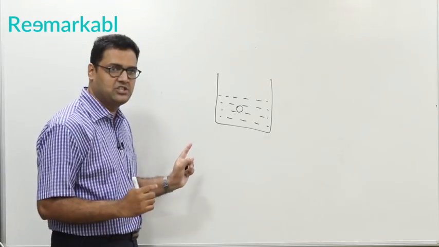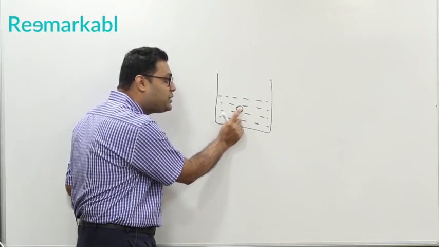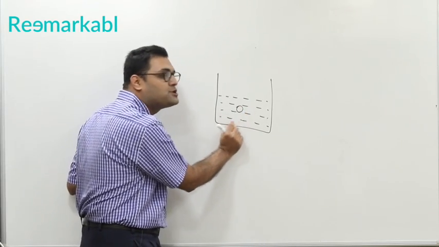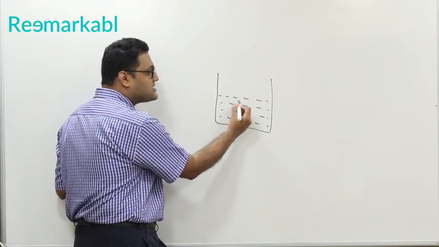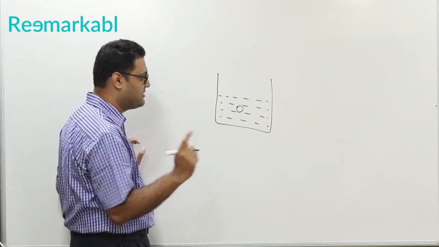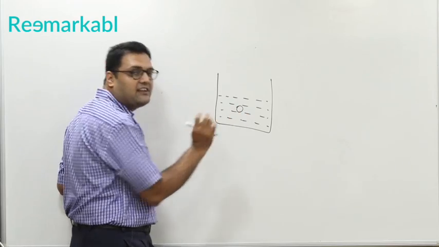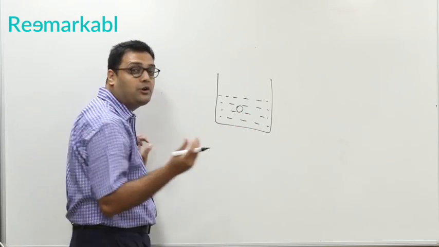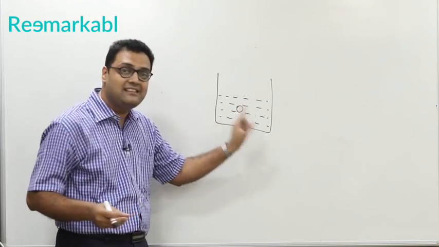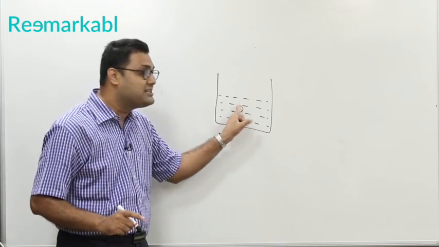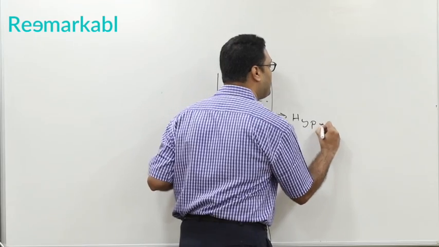So children, please pay attention. I have put this cell in a solution which, compared to its inner content, has a lot of solute outside. A solution in which the concentration of solutes outside the cell is far more than what is inside the cell is called a hypertonic solution.